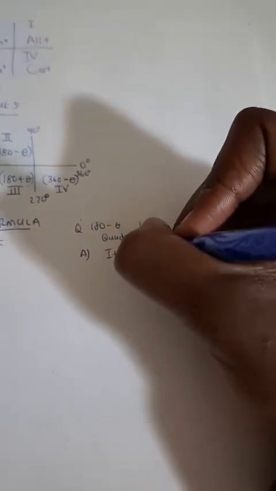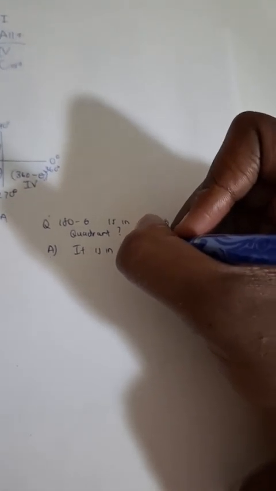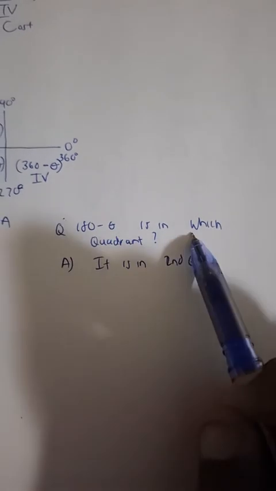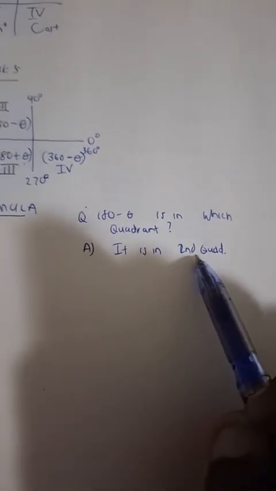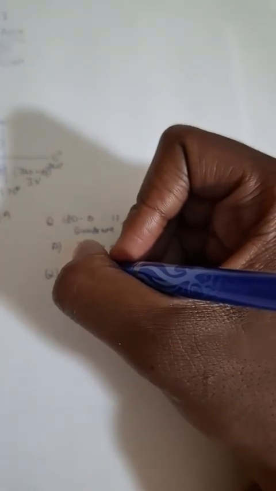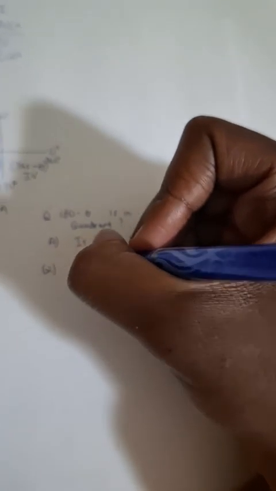It is in the second quadrant. The answer is it is in the second quadrant. The follow-up question you then ask, how is the associated trig ratio in that quadrant?